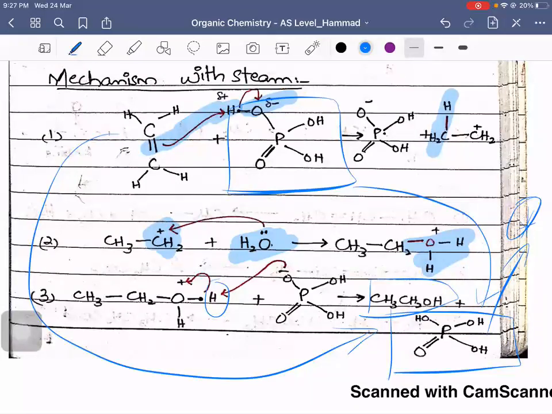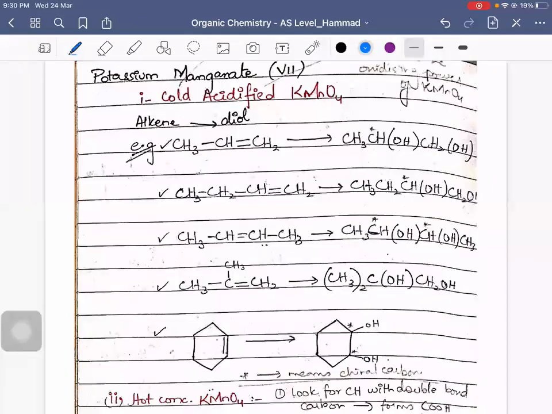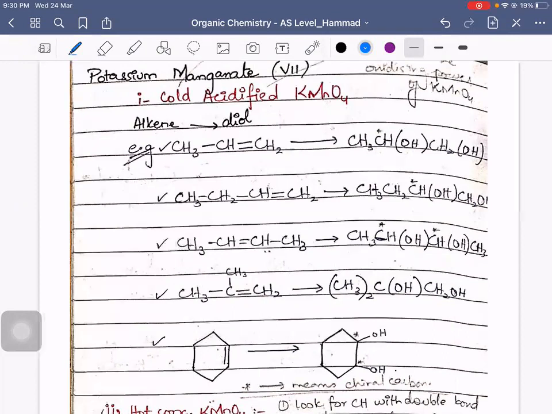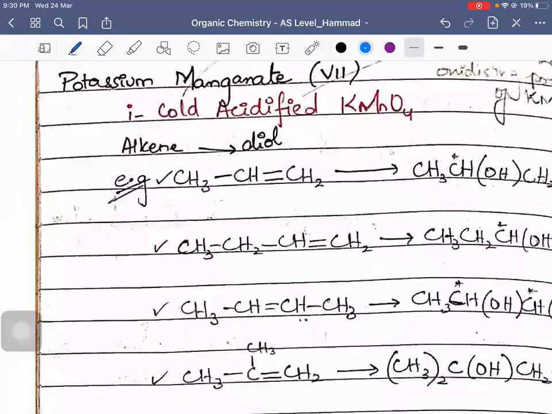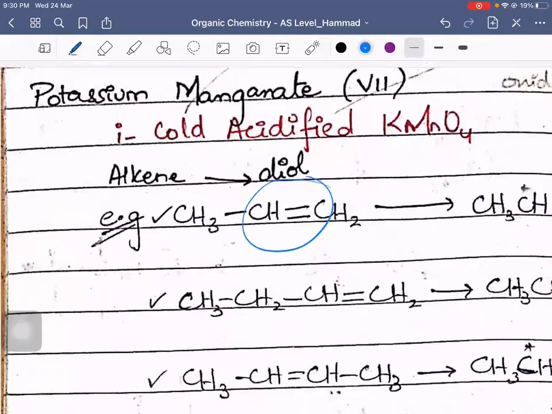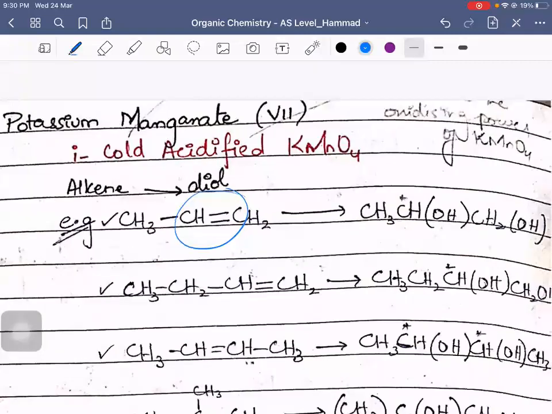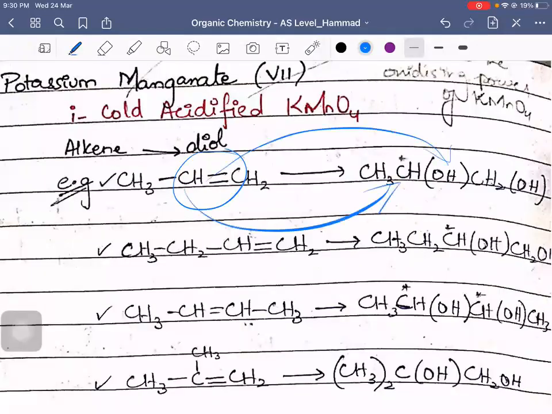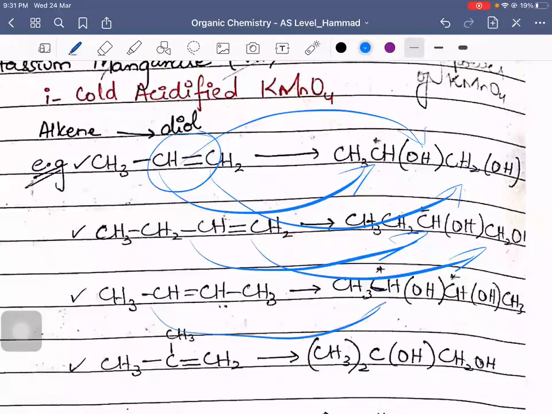Manganate plays a very important role. In cold conditions, the double bonded carbon atom is converted into a diol. Each carbon which was involved in the double bonding will now end up with an OH. Is it because the double bond is going to break?